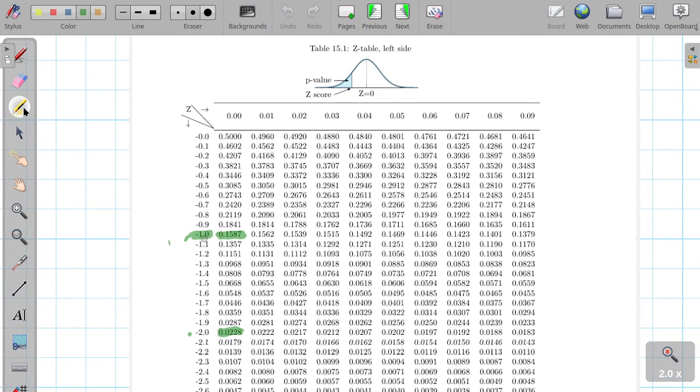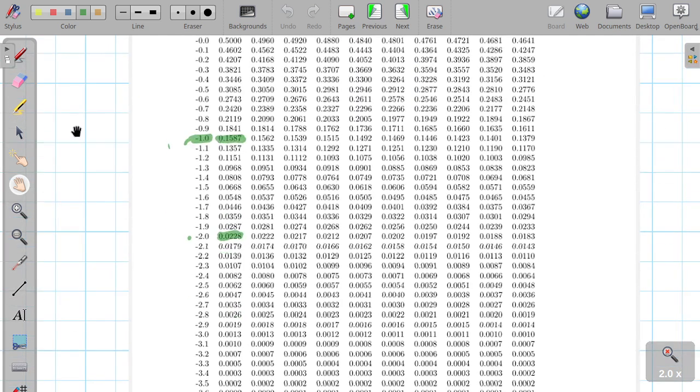All right, so here's negative 2.5, 2.51, 2.52. There we are. 0059. So this is what I meant when I said you could use complements. Either one will work.